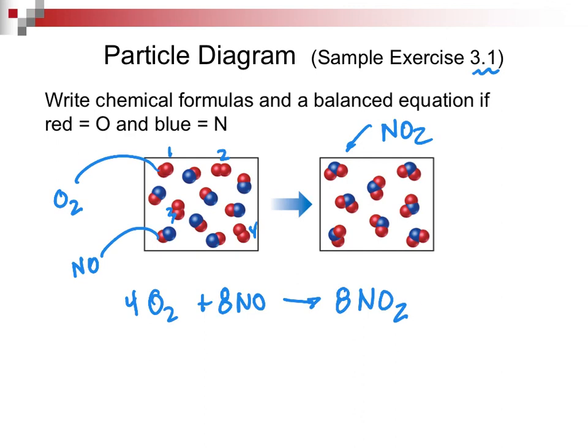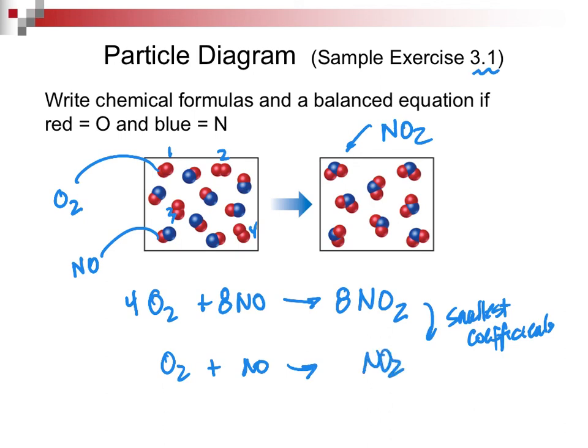That is a balanced equation, but what we want are the smallest coefficients. So that's going to take us to oxygen plus NO goes to form NO2. I guess we could have done it either way. So here's my number 2, and now I have a balanced chemical equation. So please practice, please ask questions.